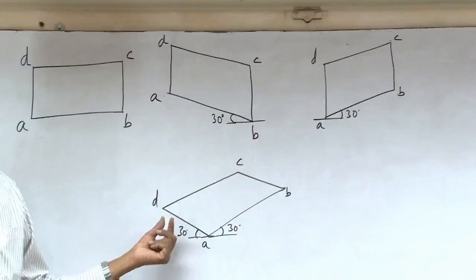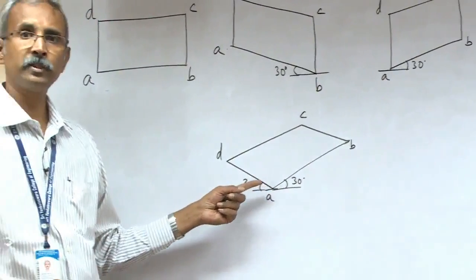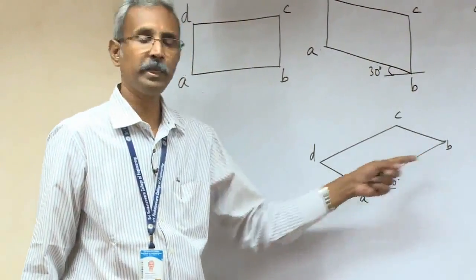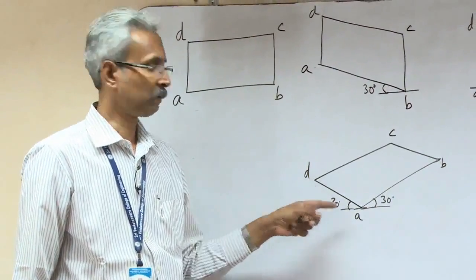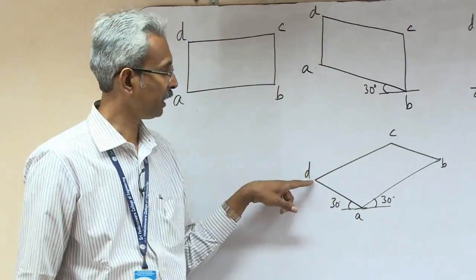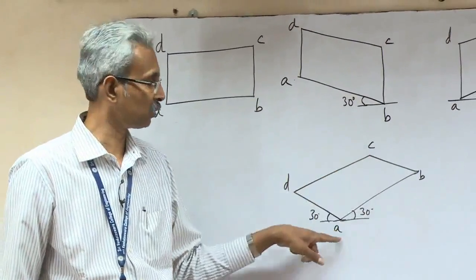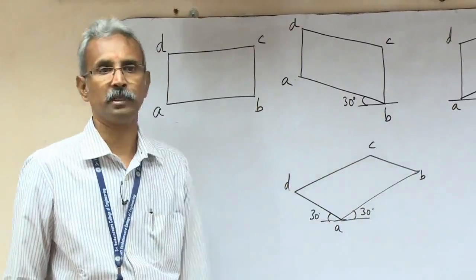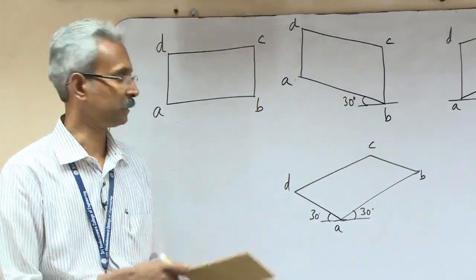So what I will do, I will draw two lines inclined at 30 degrees with the horizontal, which will represent AB and AD. And once you have drawn this, from D you will draw a line DC which will be parallel to AB and then connect CB. This is one possible orientation.